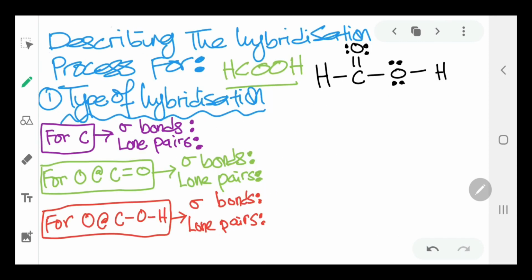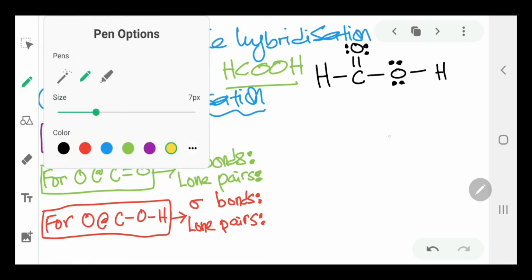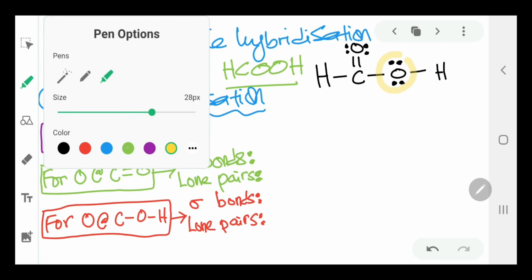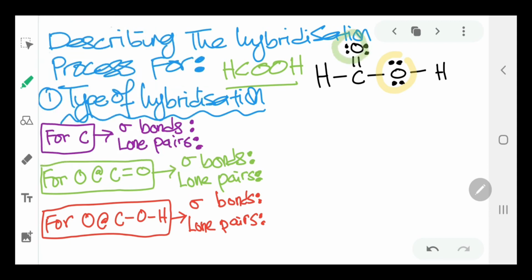Now let's have a look at another example. So over here we have HCOOH. The difference between this example and carbon dioxide is that right now this oxygen and that oxygen are not identical.